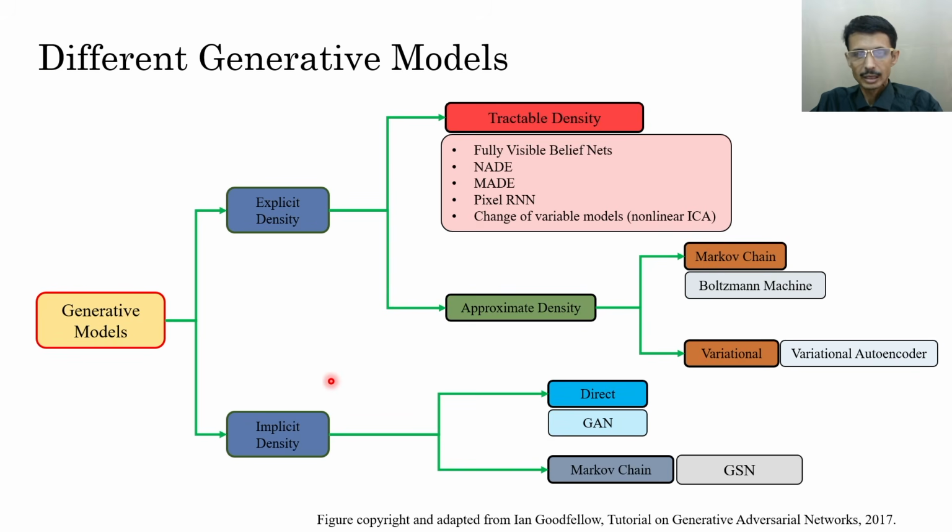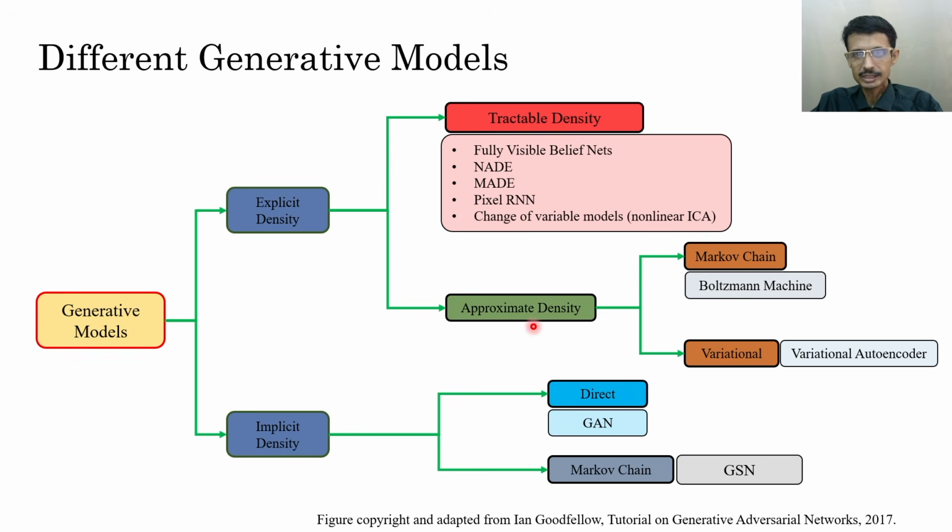Here is a figure copied from Ian Goodfellow's paper showing the different types. As we have seen, generative models are explicit density models and implicit density models. In explicit density models, we have tractable density; we'll see later what tractable means. It includes fully visible belief nets, NADE, MADE, PixelRNN, and change of variables models. So these are tractable density.